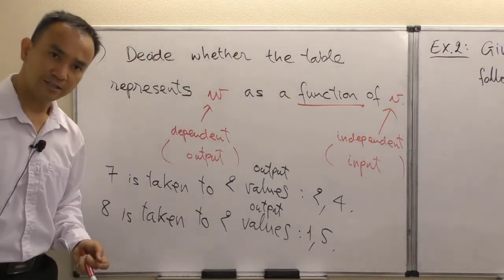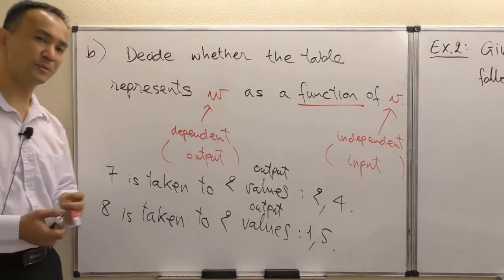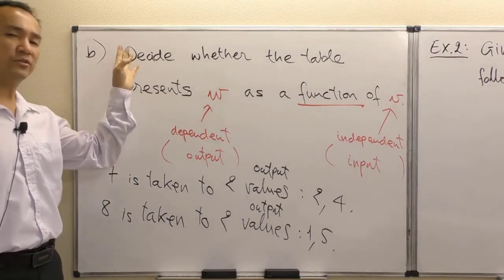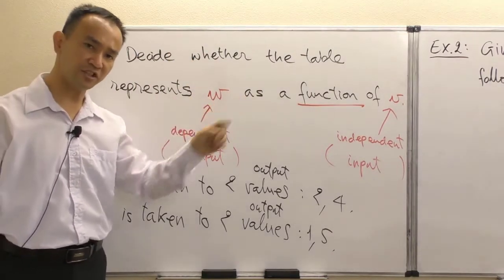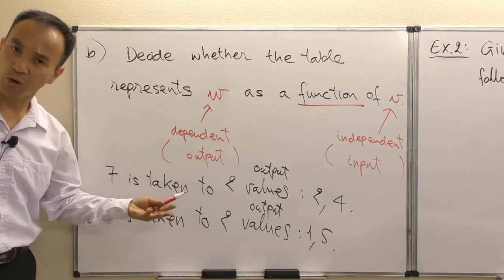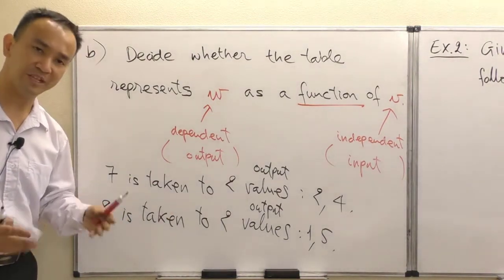That's not good. All right, so in this case, back to the question, the ultimate goal we're looking at, we're trying to decide whether the same table can represent W as a function of V. It's a rule, it's still a rule, but this time this rule fails to be a function.